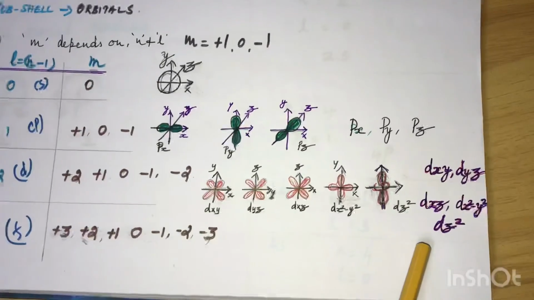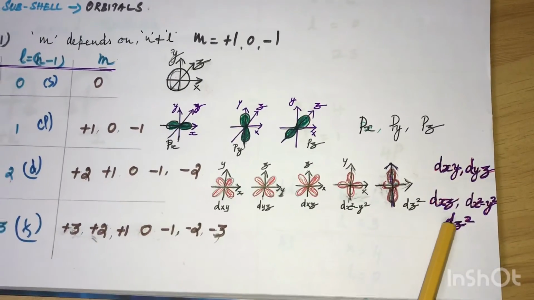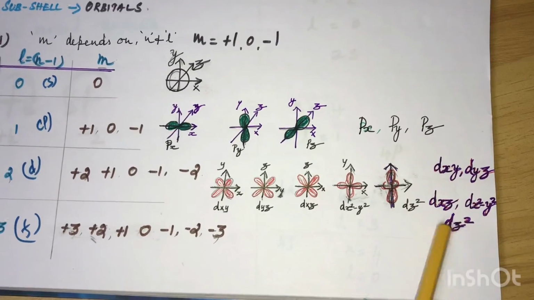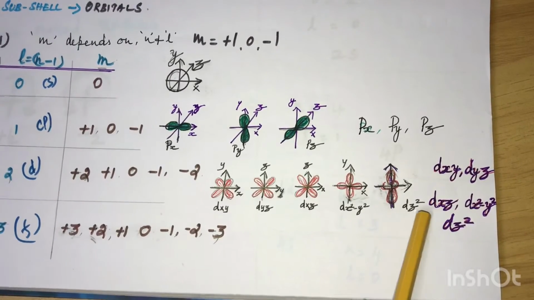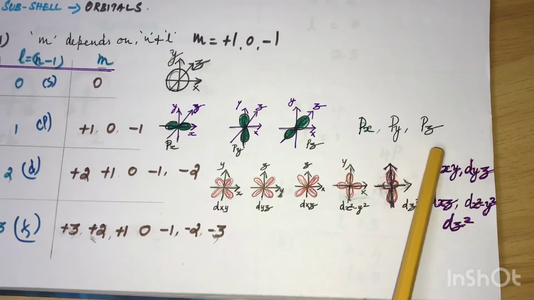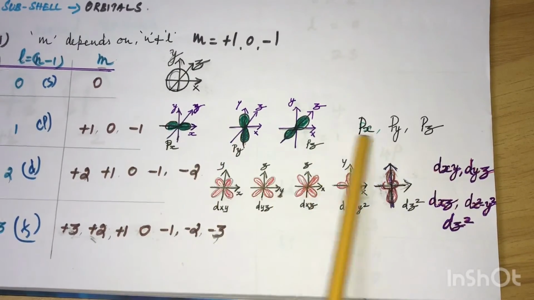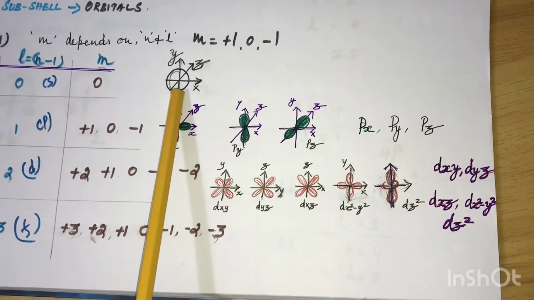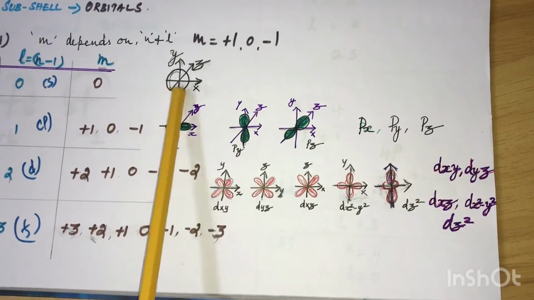So there are 5 d orbitals. Each d orbital can accommodate 2 electrons. Totally d orbitals can accommodate 10 electrons. Here 3 p orbitals, each p orbital can accommodate 2 electrons, thereby it can accommodate 6 electrons. Only one s orbital, it can accommodate 2 electrons.